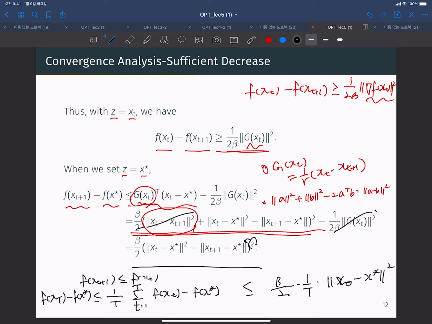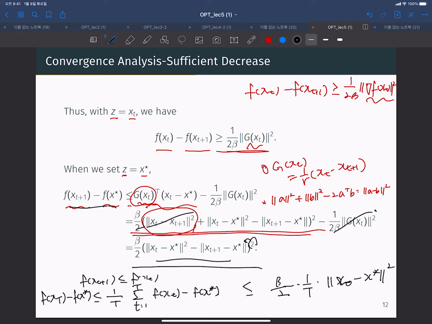Because I just sum all the f(x_t) minus f(x star), this part cancels out, and we can simply ignore this negative part in the end because we are interested in the upper bound.